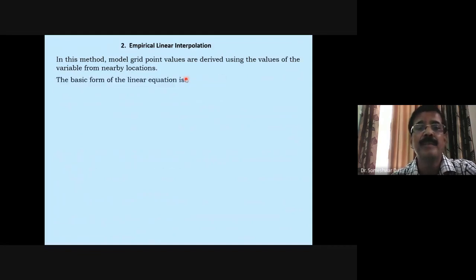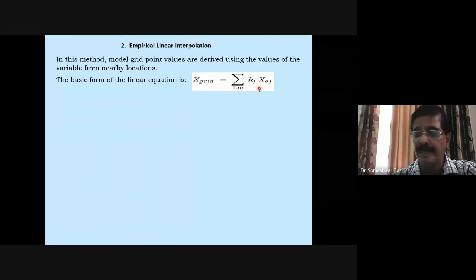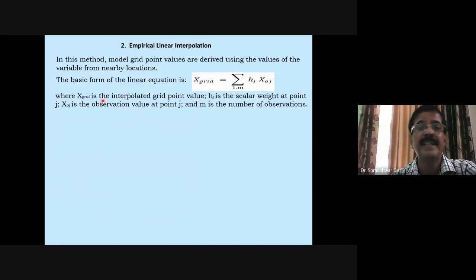The basic form of the linear equation is x at the grid point is equal to the summation from 1 to m, where m is the number of observations, of hj times xoj. Where x grid is the interpolated grid point value, hj is the scalar weight at point j, xoj is the observation value at the point j, and m is the number of observations.